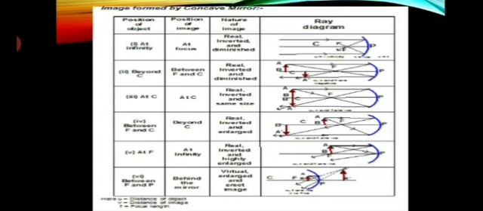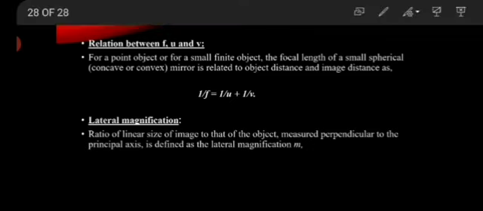As you can see, AB is the object, and when the rays from the object strike the curved surface, that is the concave mirror, we obtain an inverted and diminished image of the object.